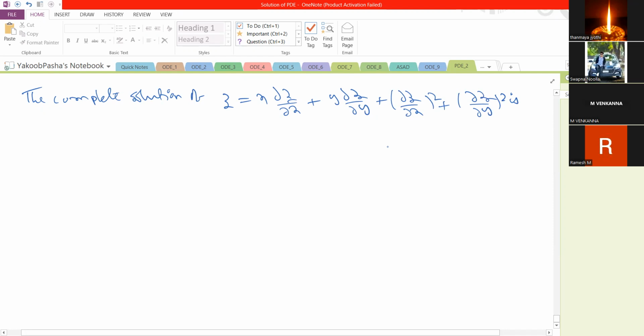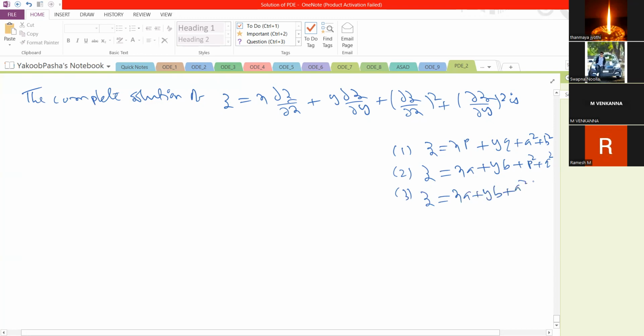Okay. The options: first option, z is equal to xp plus yq plus a square plus b square. Second option, z is equal to xa plus yb plus p square plus q square. And the third option, z is equal to xa plus yb plus a square plus b square.